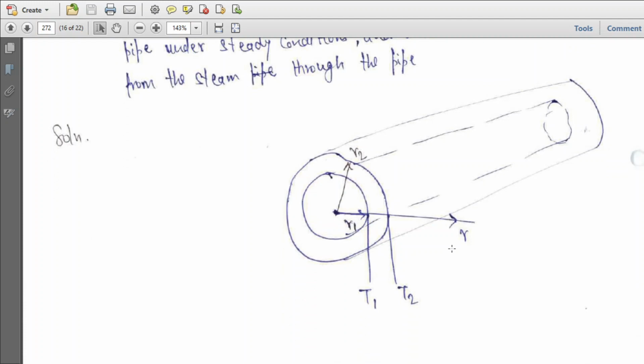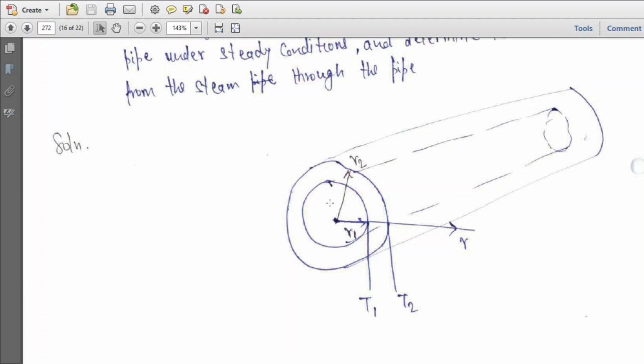Now here this is what you have. So steam is being filled here. The pipe of inner radius R1, outer radius R2, and we have some material thickness. We want to calculate what is the rate of energy loss from steam to the pipe.